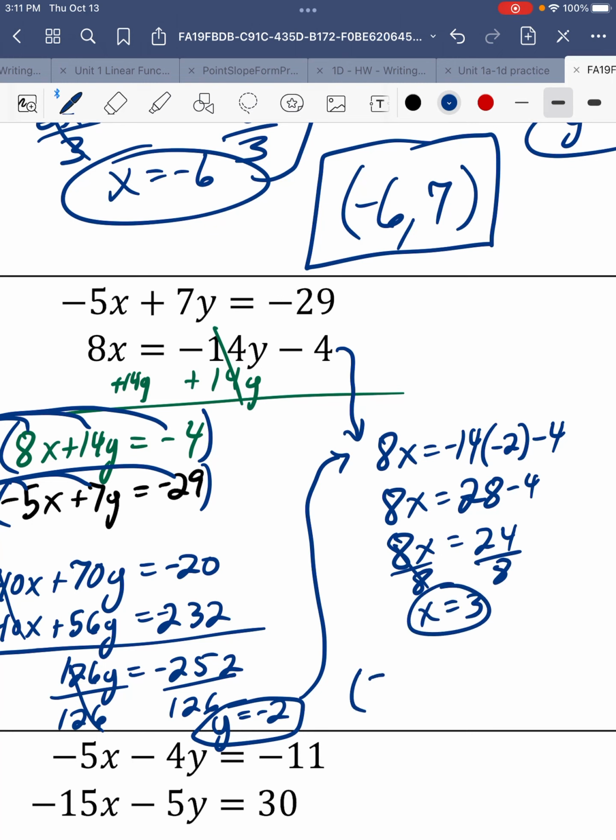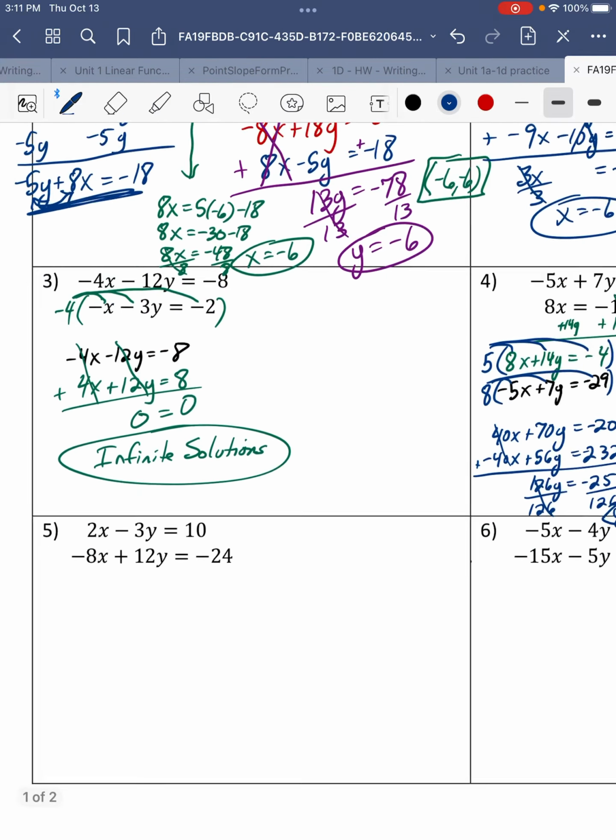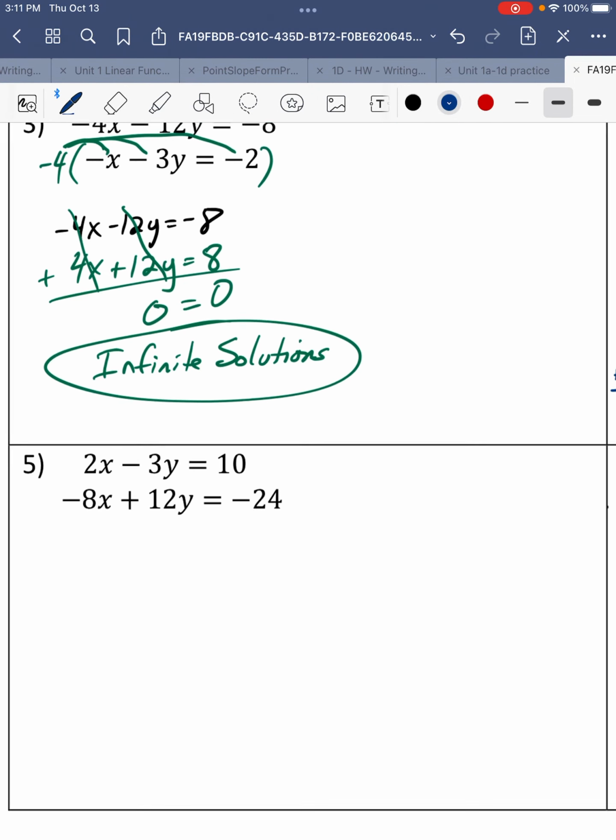X is going to equal 3. So my coordinate solution is 3 for the x and the y is negative 2. All right, we're getting there.